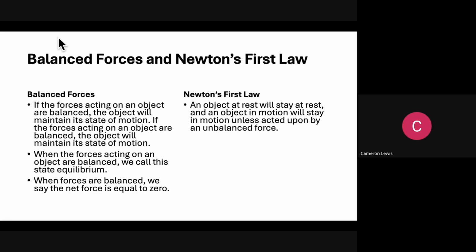Inertia was a concept earlier. An object at rest will stay at rest. An object in motion will stay in motion unless acted upon by an unbalanced force. So the only thing that will break something from being in equilibrium, or its net force from being 0, or break its state of motion, is you have to apply an unbalanced force. That's Newton's first law.